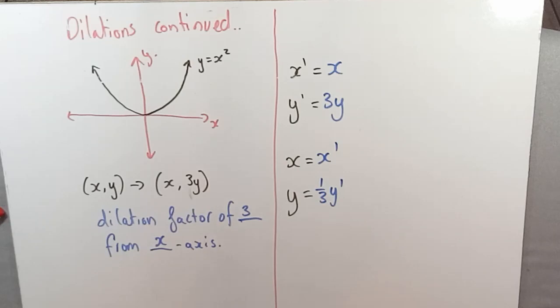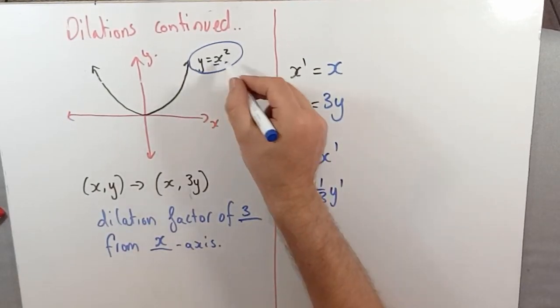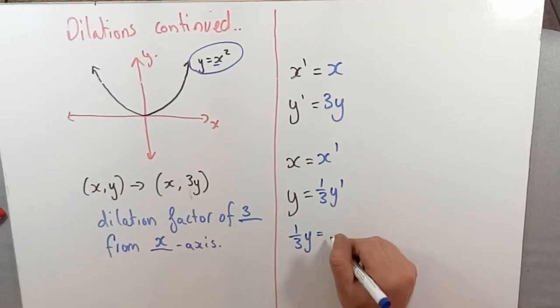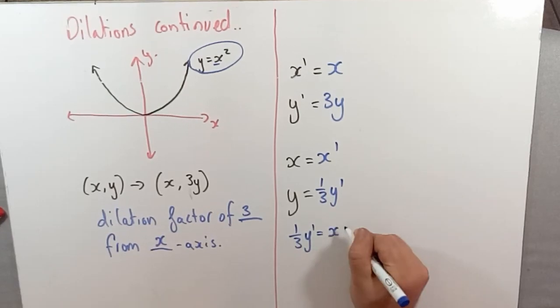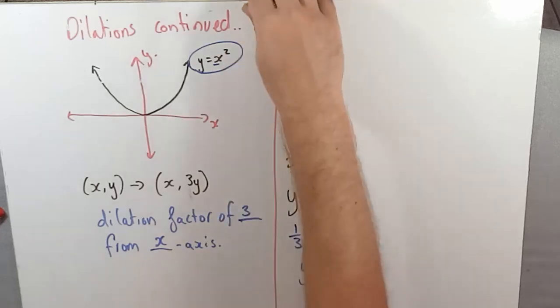Okay, let's put it in this one and see what we get. For every y, we're going to write 1/3 y. For every x, we're going to just write x image, squared. Done. So that means y image is equal to 3 x image squared. Done. Okay, next one.